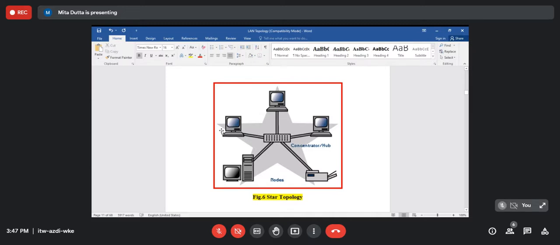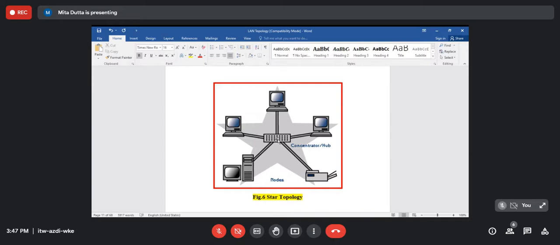Then when this workstation sends information for a particular station, and the hub receives that information, if the strength or amplitude of the signal is low, because it is nothing but an electrical signal, it will amplify the signal, just behaving as an active hub.